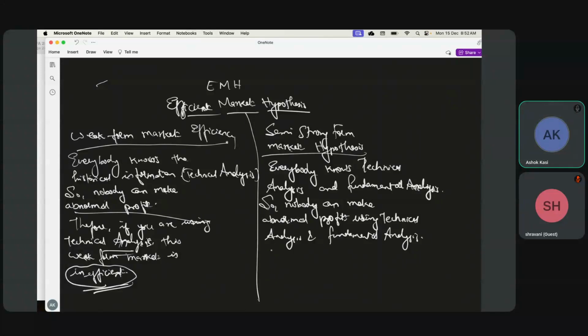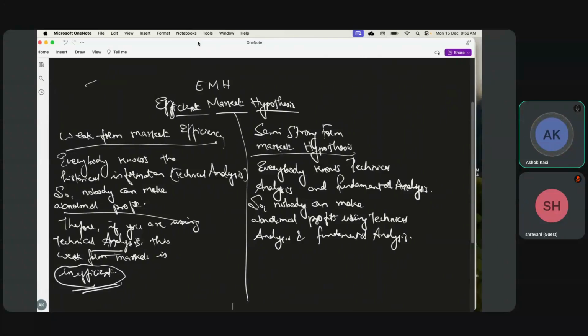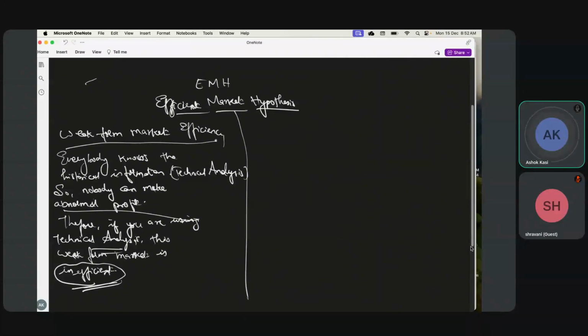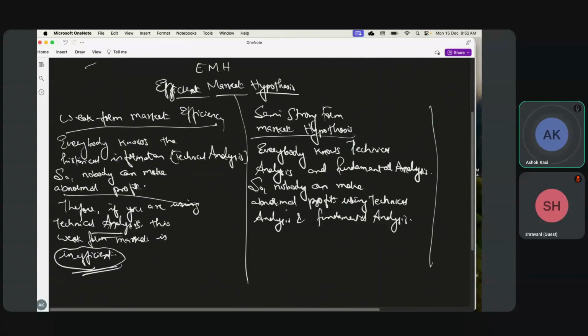Now, suppose you are trying to use fundamental analysis here, so for you the semi-strong form market is inefficient.